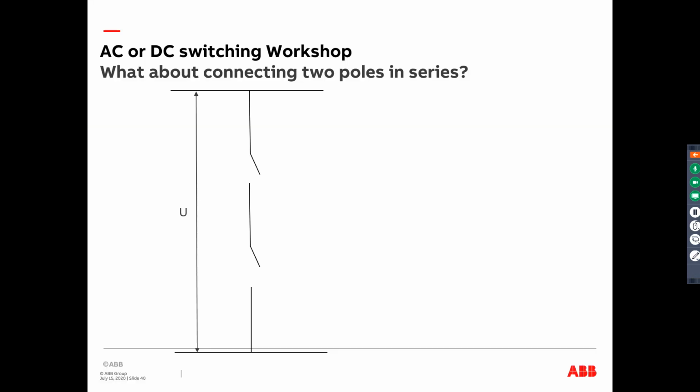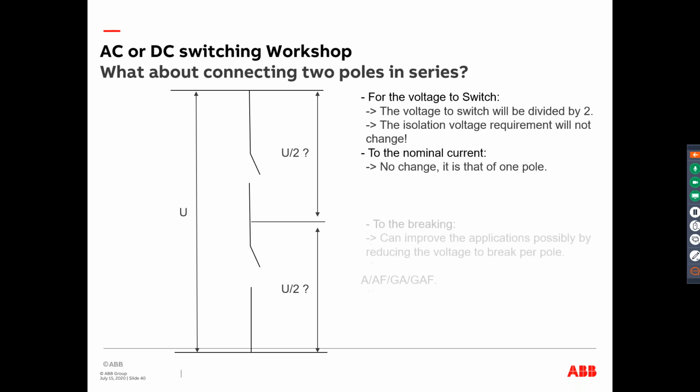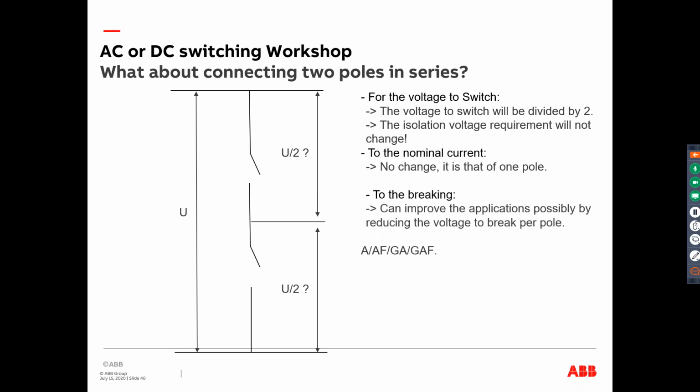Okay, in DC we use two poles in series, and I will explain why. As you know, in DC you don't have zero crossing, just like AC. So by connecting the poles in series, you break the current at two zones, the upper zone and the lower zone.